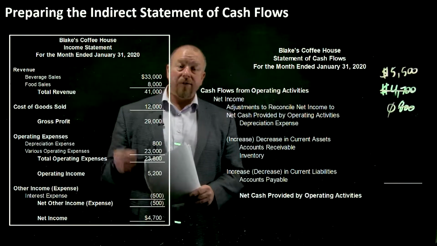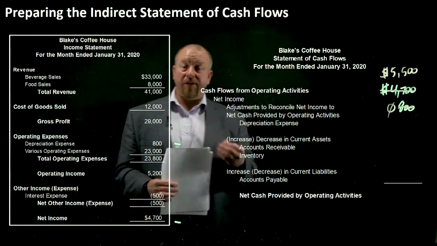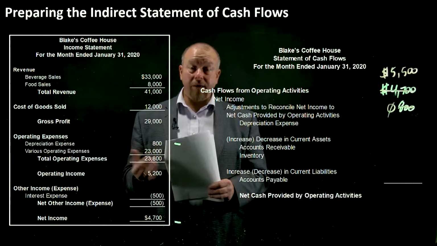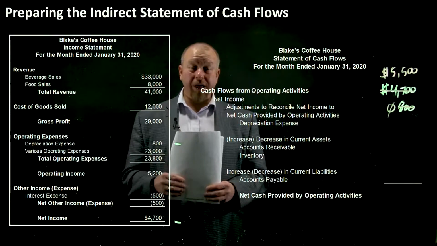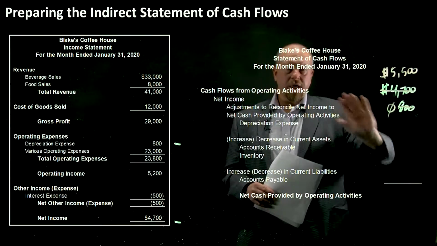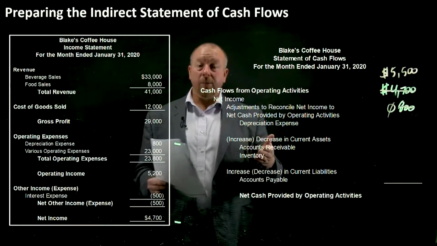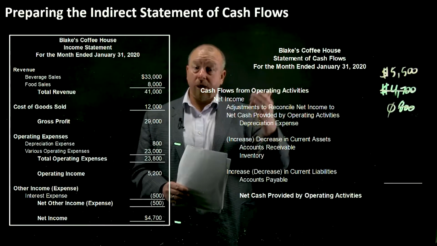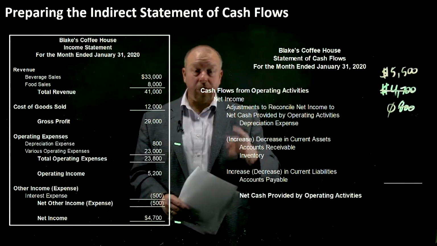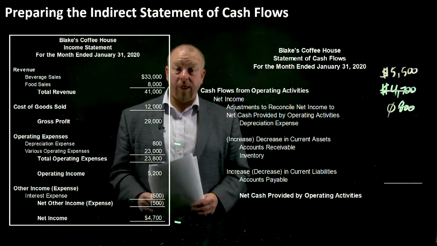If you had a gain from the sale of property, plant, and equipment, that's something that did not affect cash but would make your net income bigger. So if you have any gains that are non-cash, you would actually subtract those. So what you're doing in this section is you're initially taking non-cash expenses and maybe some non-cash income items, and you're either adding them back or subtracting them. In a moment now, we're going to move on to looking at some of our current assets, and we're going to see what happened with them.